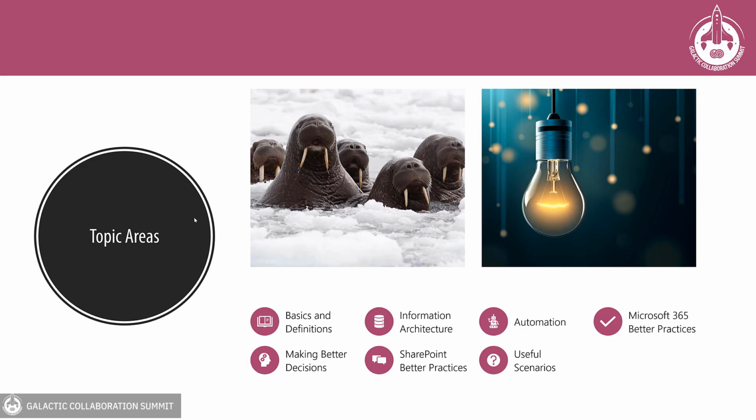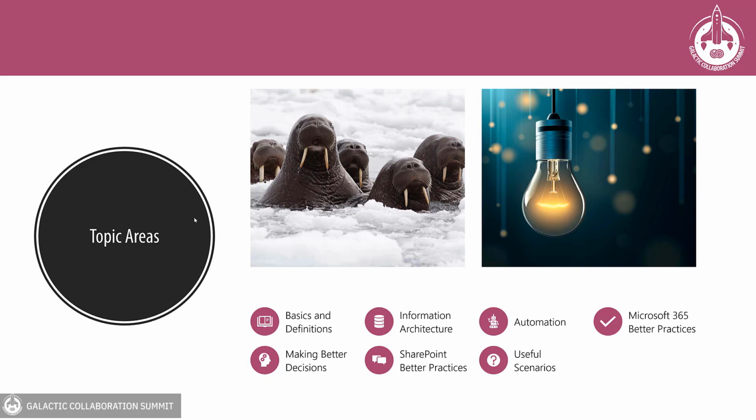There's some basics and definitions, as simple as a glossary, which I'll show you in a few minutes. Concepts around information architecture, always something that people struggle with inside an organization. How do you build things out well so that you can be as effective as possible? How do you automate things where it makes sense, or not automate things where it doesn't?